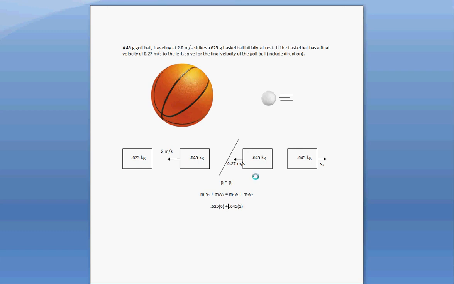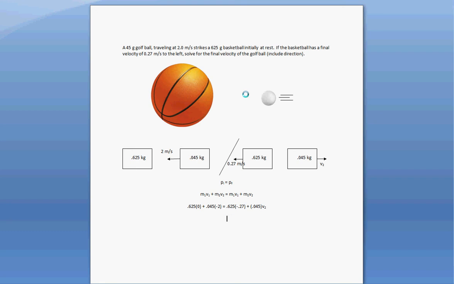We'll just do it this way, plus negative 2. It's the same thing, but just to keep the negative where it goes: it's the negative velocity because the golf ball is moving to the left, equals 0.625 times negative 0.27, plus 0.045 times v2.